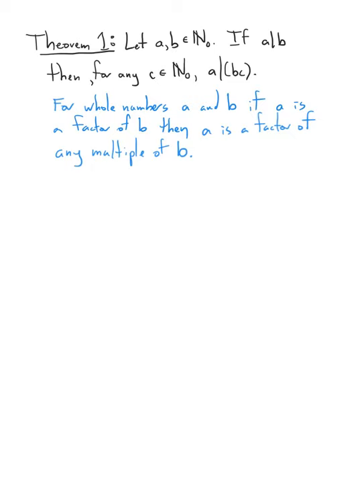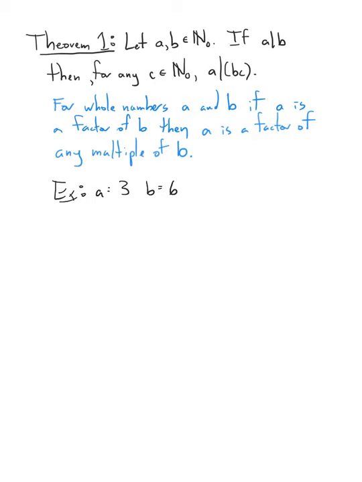So let's do an example. Let's pick an A, B, and C that fit this situation. So it says here A is a factor of B, so I'm going to pick A and B so that A is a factor of B. So let's say A is 3, and then B is going to be 6. 3 is a factor of 6, since 3 times 2 equals 6.